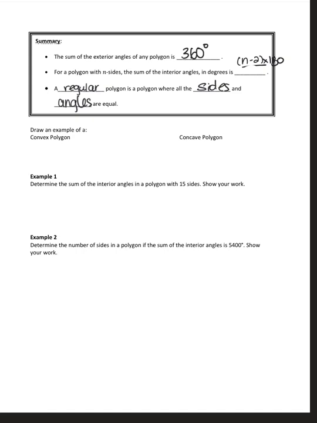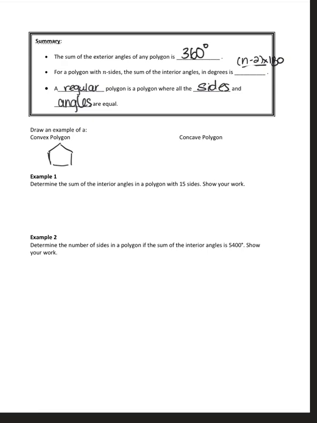So a convex polygon is any polygon that has interior angles that are less than 180 degrees. Basically, you can draw this so that if I was looking at something like a pentagon, all of my angles are pointing outwards. You guys see how they're all pointing outwards?